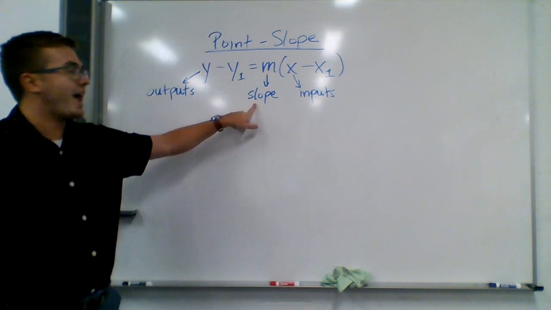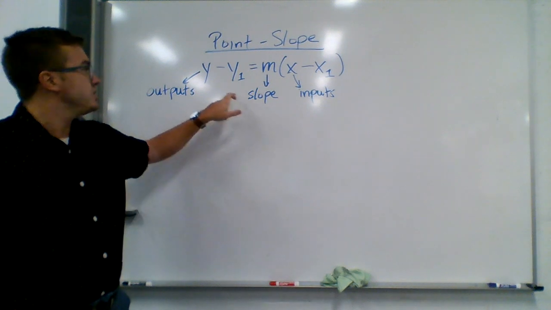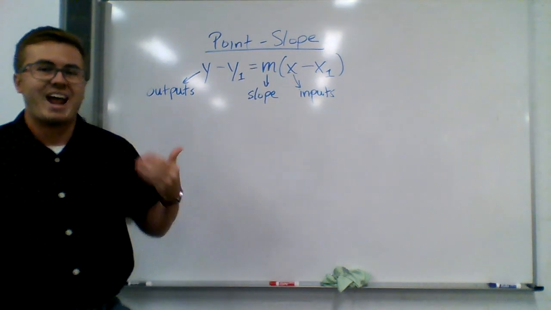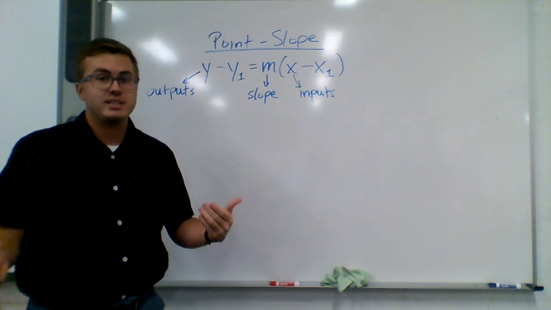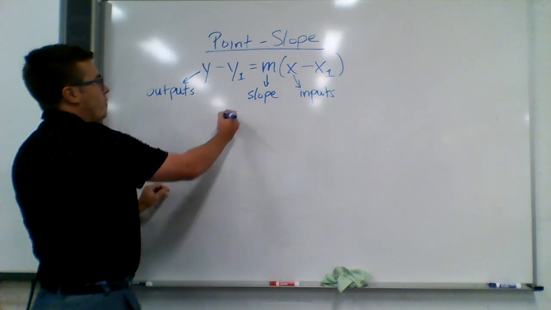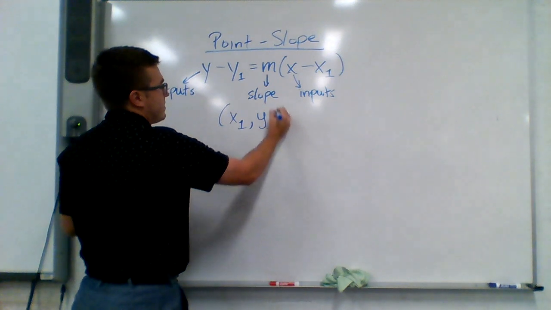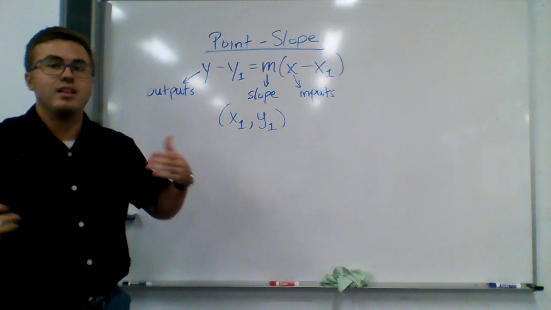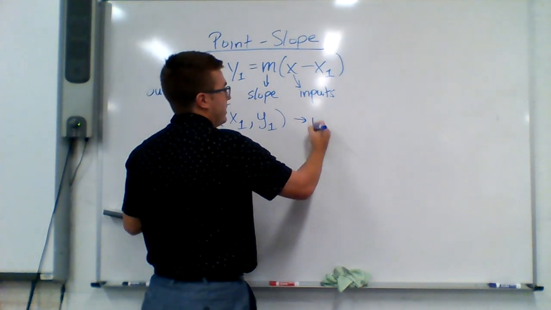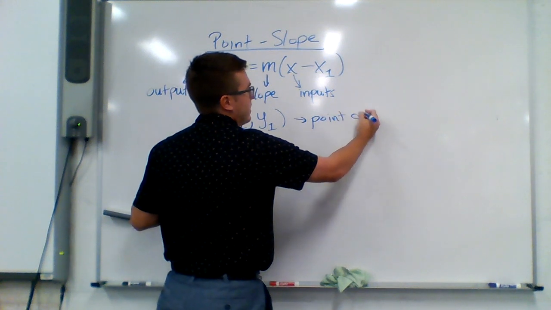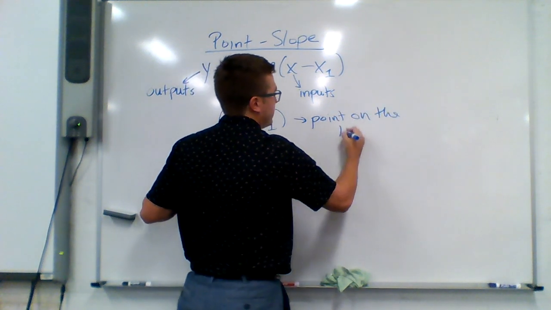Well, we already know that m is the slope, so this x1, y1 has to give us a point. So the x1, y1 is just a point that is on the line. So x1, y1 is a point on the line.